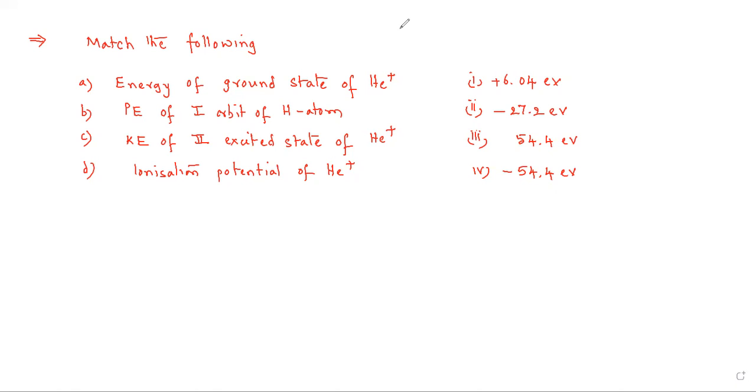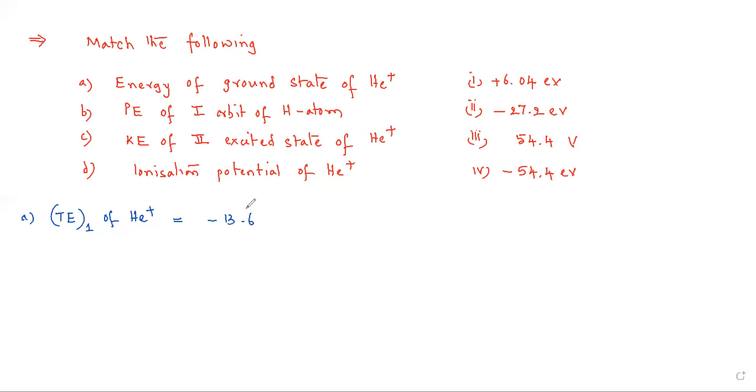Now let us solve them one by one. Coming to the first one, that is energy of the total energy of electron in the ground state, first orbit of helium plus. Everything is given in electron volts, so let me consider this in electron volts.